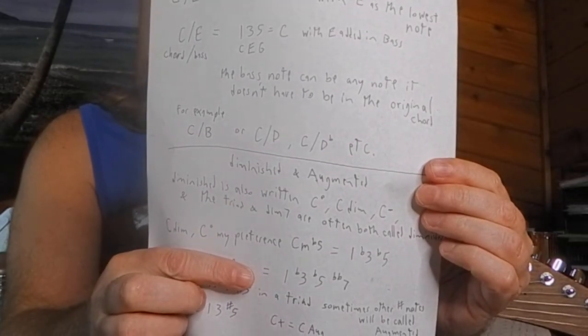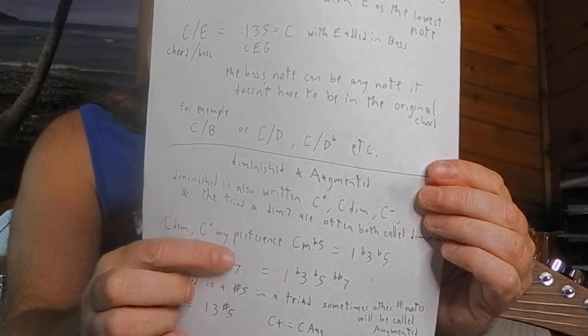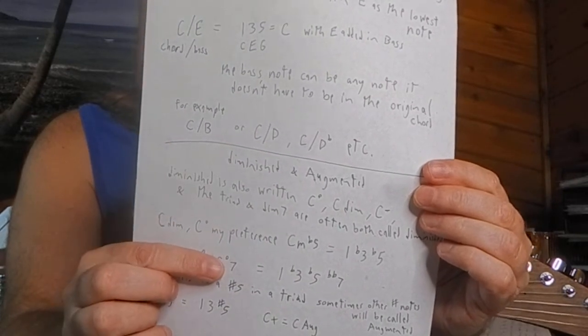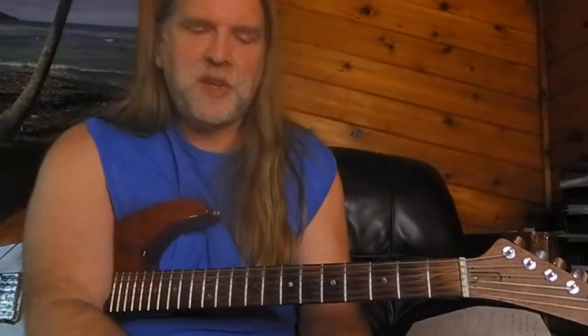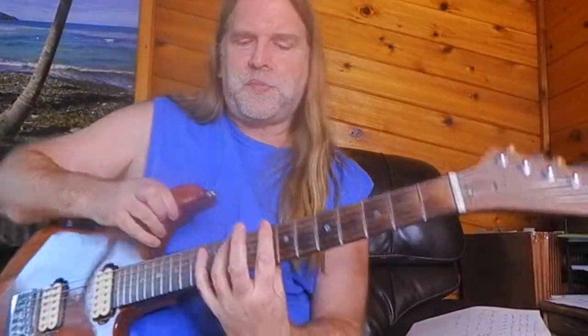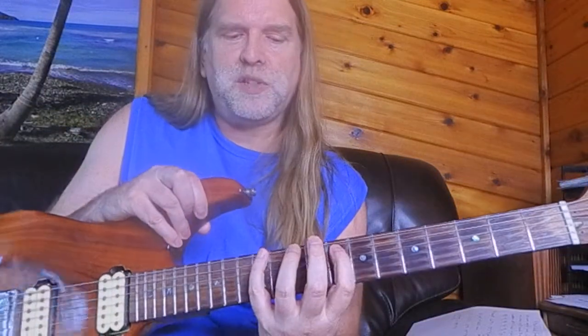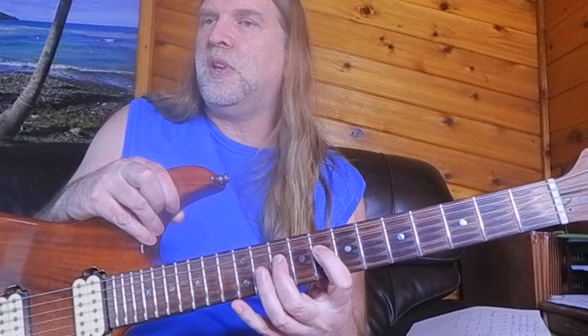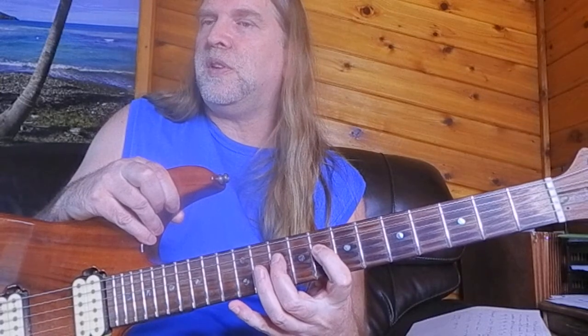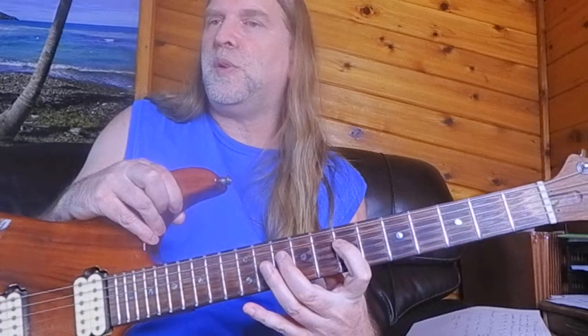And what a diminished 7th is, it's that same triad we just played: 1, flat 3, flat 5, but it's got a double flatted 7. Double flatted 7, again referring back to the major scale, my major 7th is here, root is here. The minor 7 would be back 1. Double flatted 7th would be back 1 more.